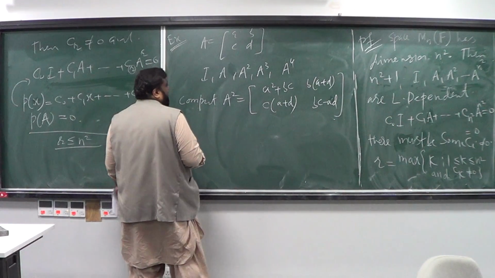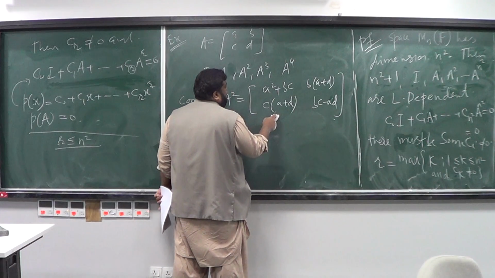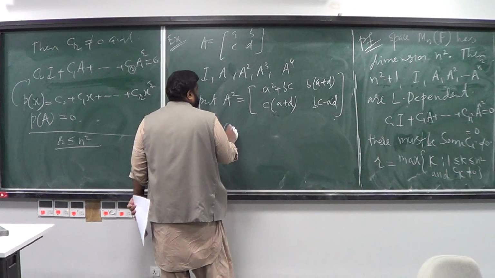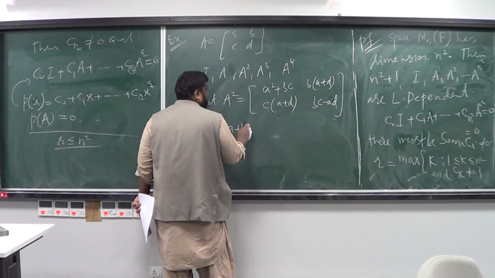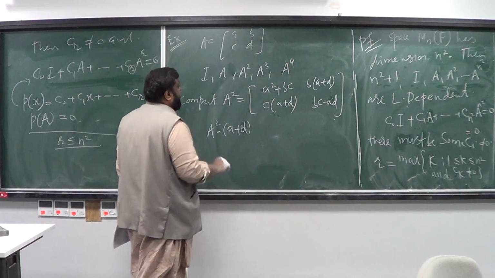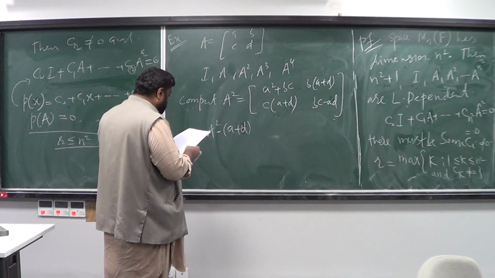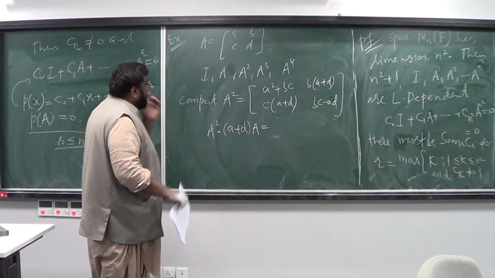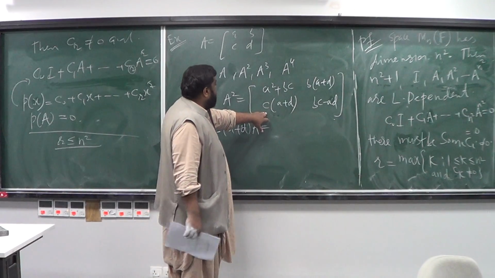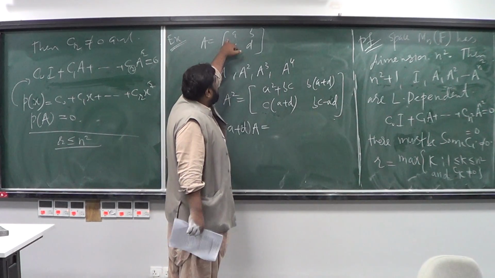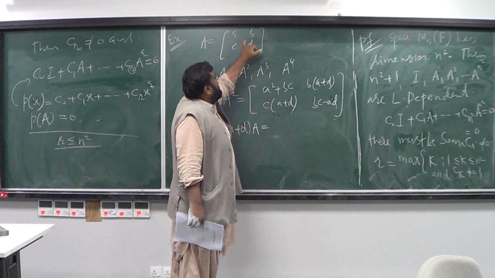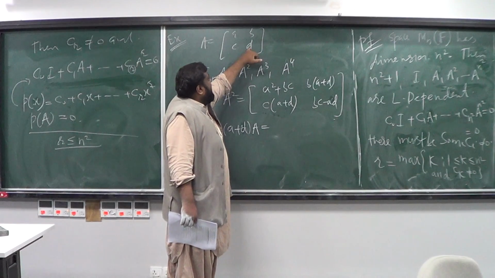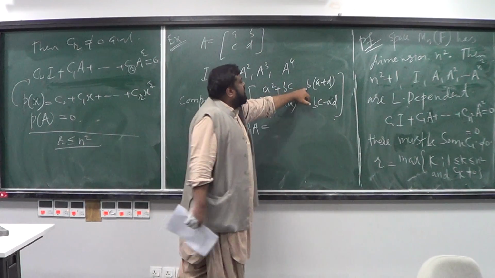From this A square, I can guess that if I take A plus D and multiply by A, so if I take matrix A square, which is this, and multiply this with A plus D, this will become B times A plus D, C times A plus D, and A times A plus D and D times A plus D, and I subtract it, then these two terms will vanish.